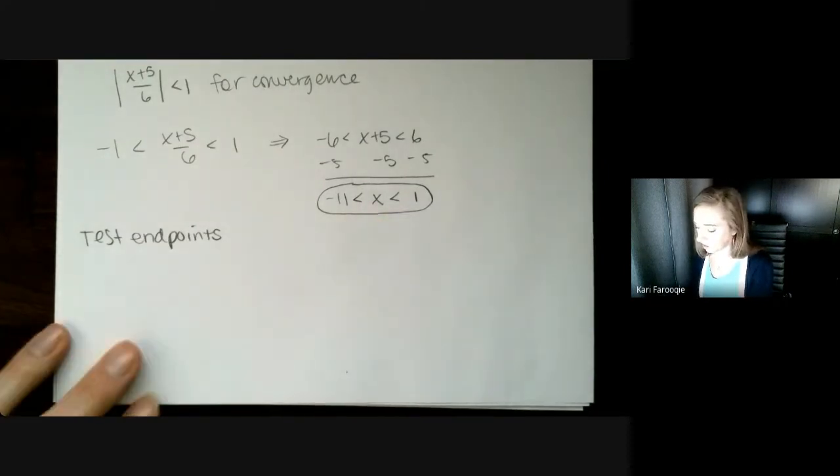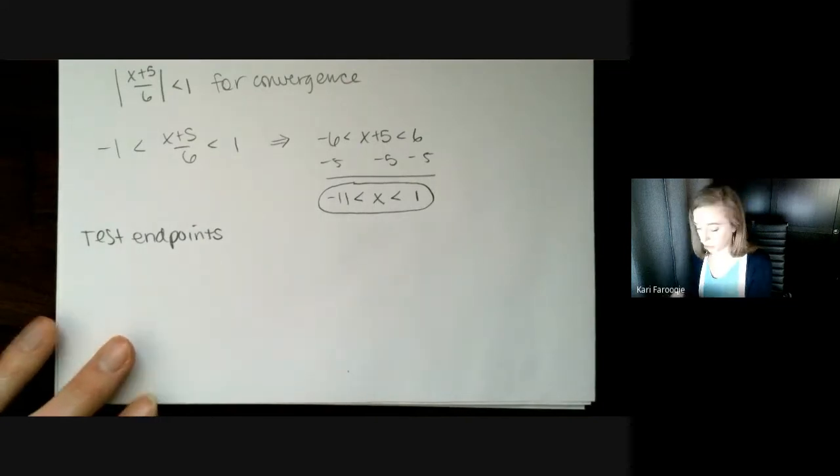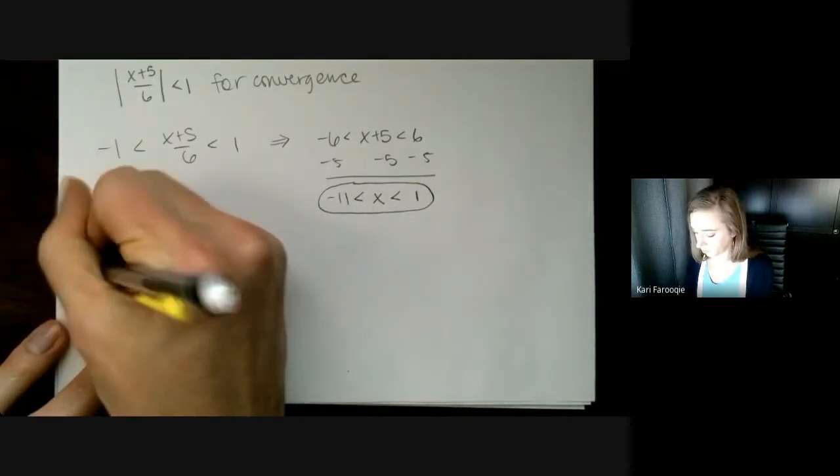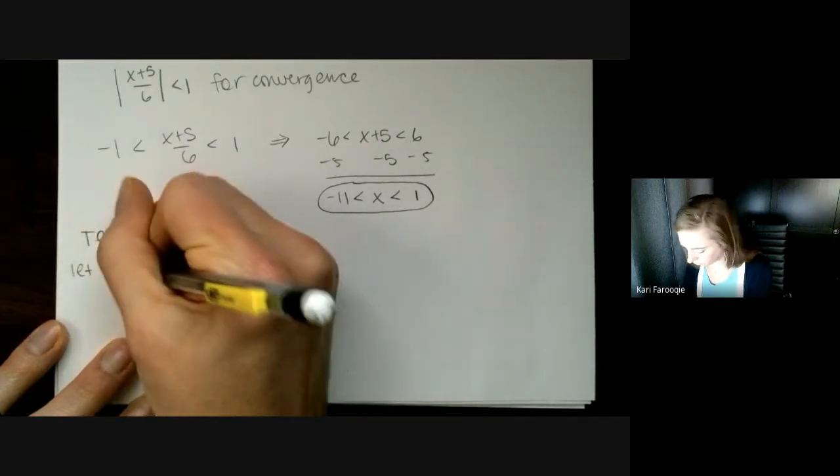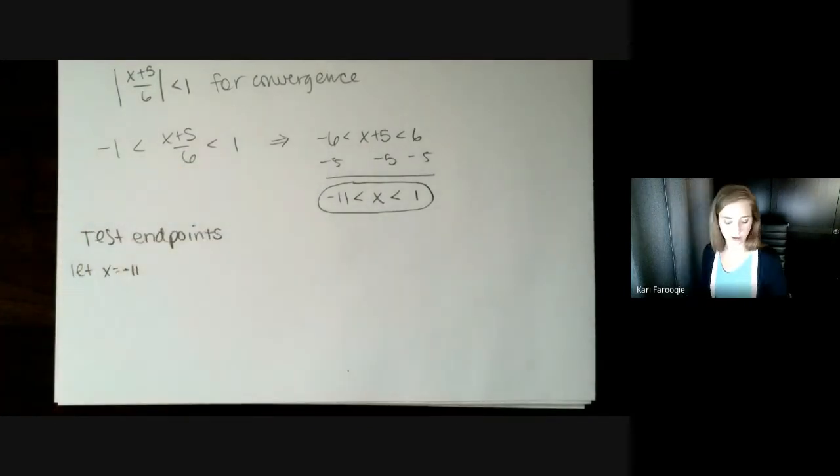So when you test the endpoints, you pick which one you want to start out with first. But we're going to say, let's let x be equal to -11. And I actually really like doing this because I think that it really helps to solidify the concept and helps you to understand what's actually happening with the function just by testing the endpoints.